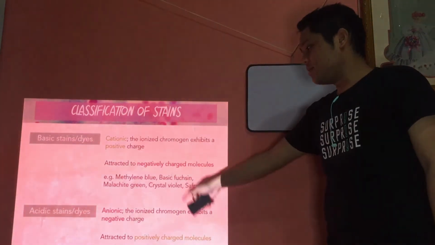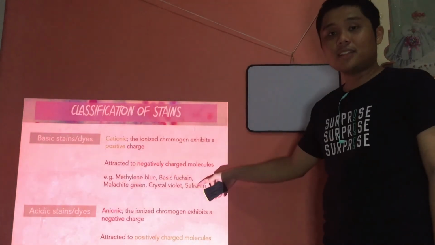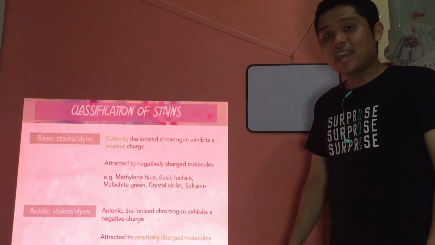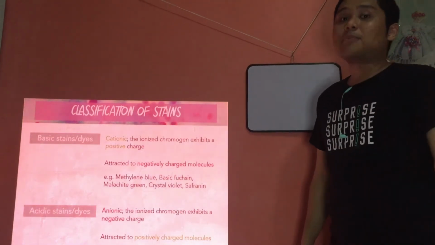Crystal violet and safranine are very important, the main stains in your gram staining.